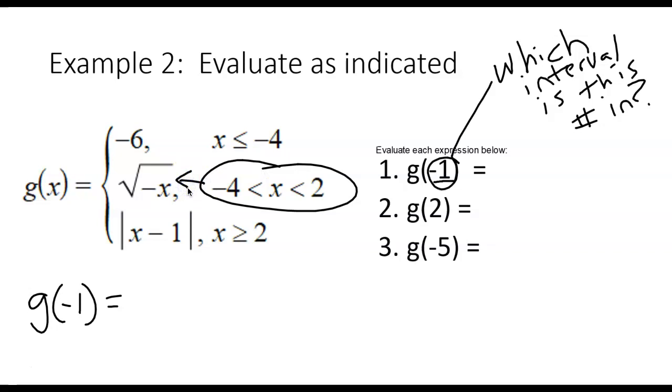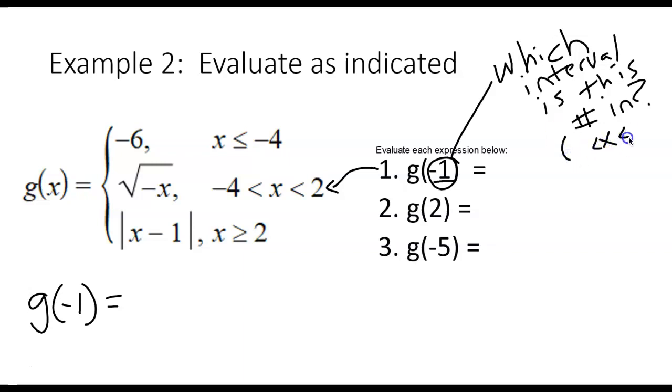So I'm going to draw a little arrow from number 1 to here, okay? And in answer to this question up here, I can put what interval it's in. I'm going to use this particular piece here, since -1 is between -4 and 2.